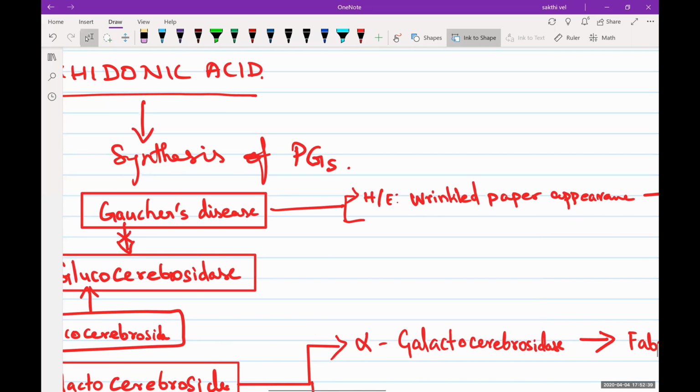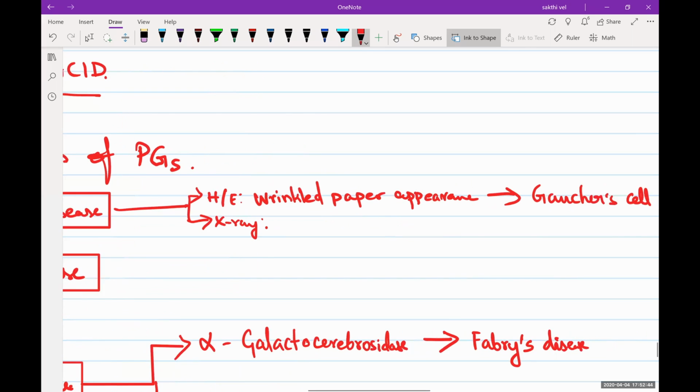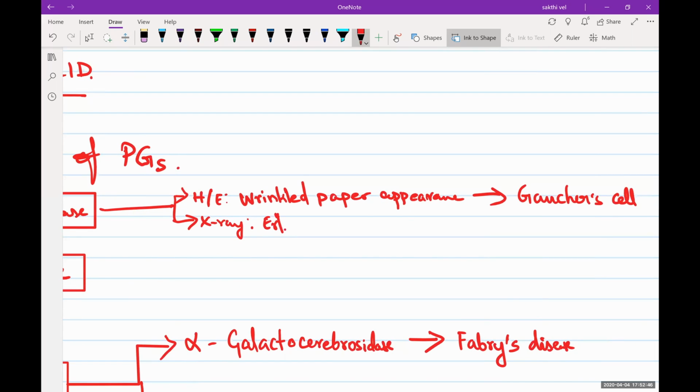And in the X-ray, you will see the Erlenmeyer flask deformity.